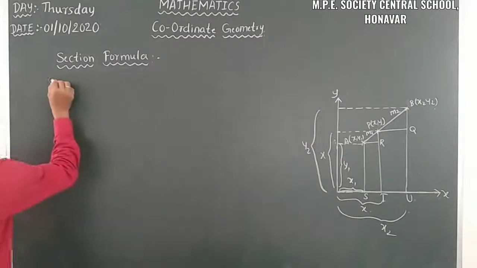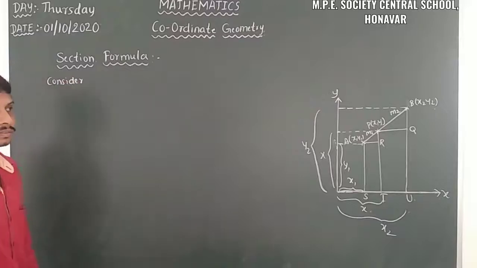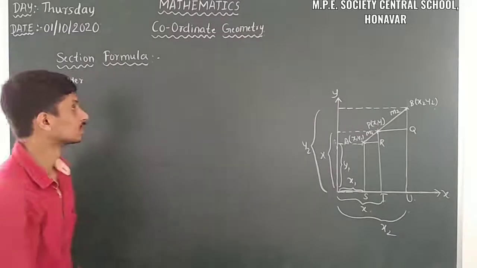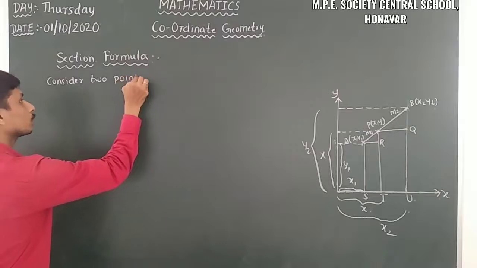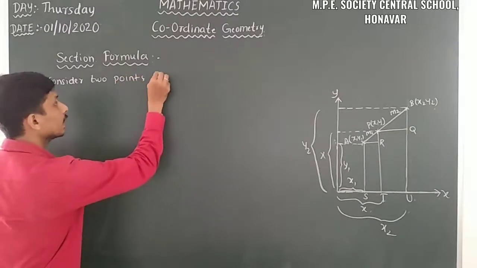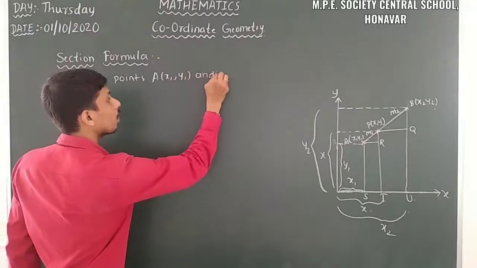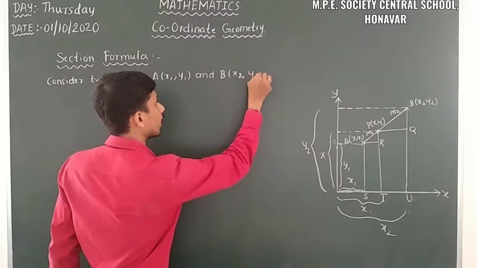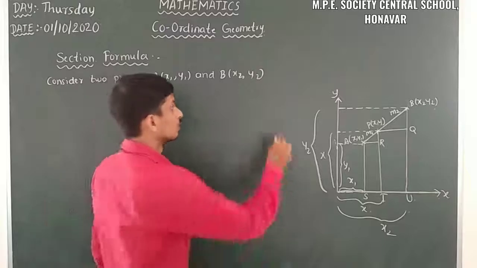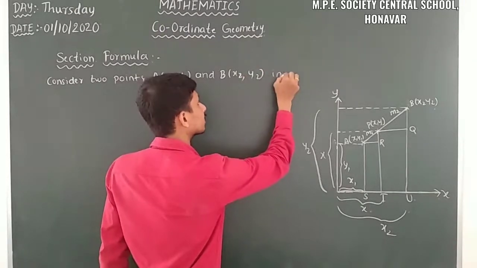So firstly we have to consider all the known things. Consider 2 points A of x1 comma y1 and B of x2 comma y2 in the Cartesian plane.